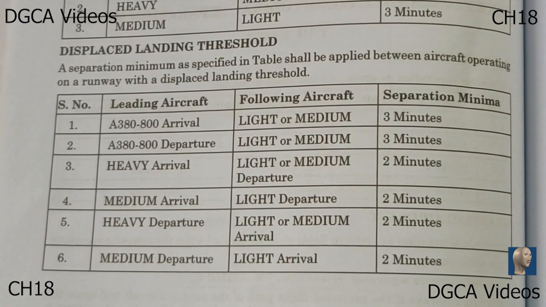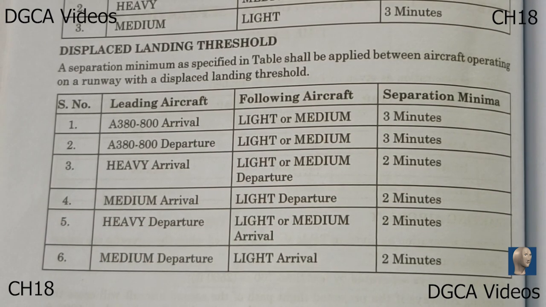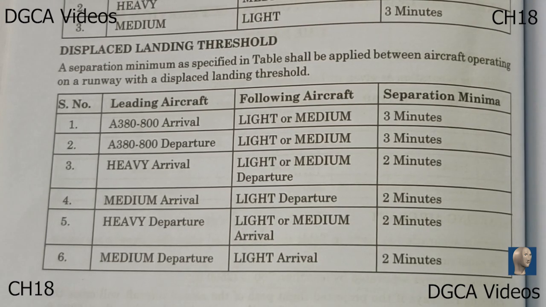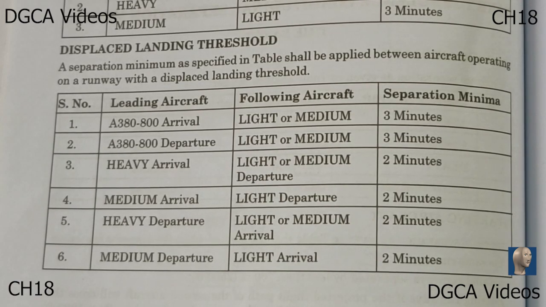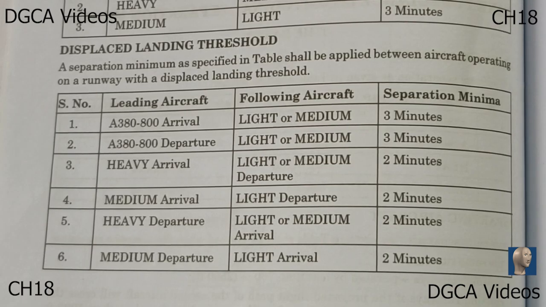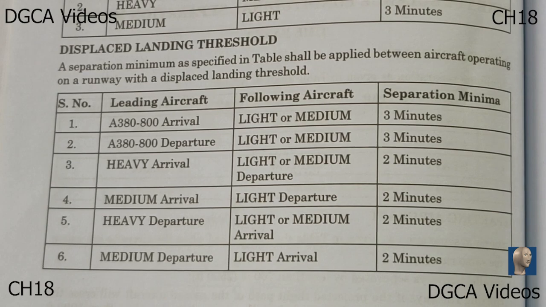Okay, fine. So actually the distance based wake turbulence separation minima in this table shall be applied to aircraft being provided with the ATS surveillance service in the approach and the departure phases of the flight. Okay. So an aircraft is operating directly behind another aircraft at the same altitude or less than 1000 feet, and if their tracks are separated by 760 meters or 2500 feet from each other and they are parallel, in that case this table has to be followed.